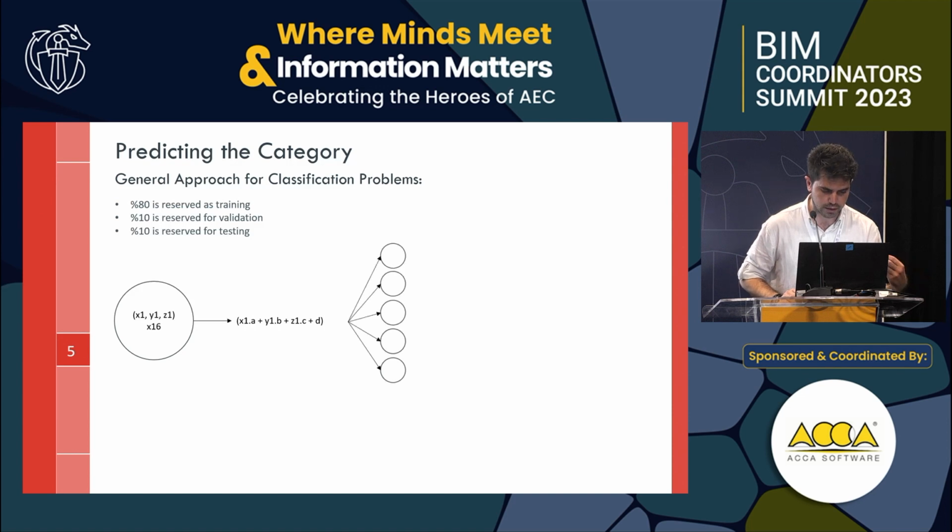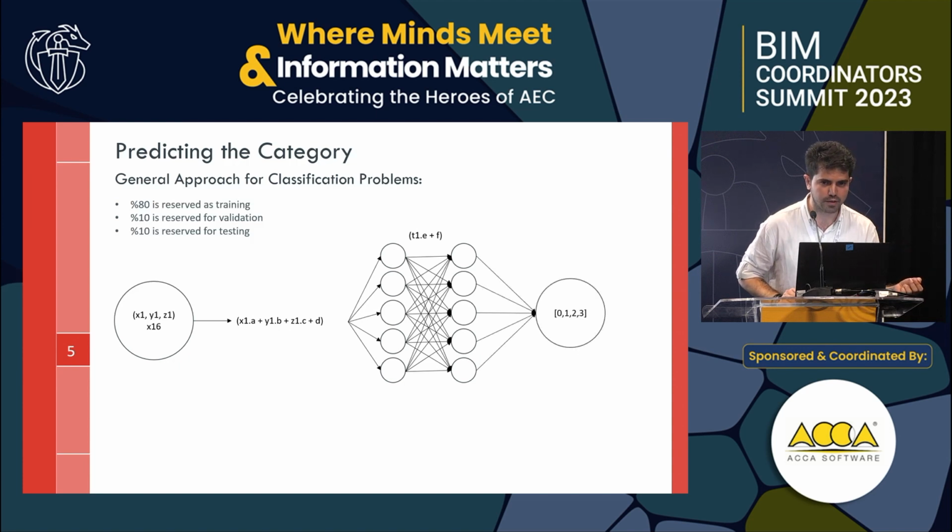You provide your dimensions into some nodes, and those nodes are allowed to pass the result to other nodes if they meet a certain criteria. And finally, you end up with 0, 1, 2, or 3. In my model, 0 represents a wall, 1 represents a floor, and so on.